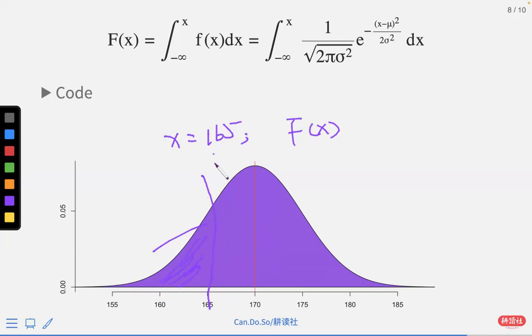And if x is 170, then it's this part. If it's 175, then it's this part. So it's always to the left of this value.